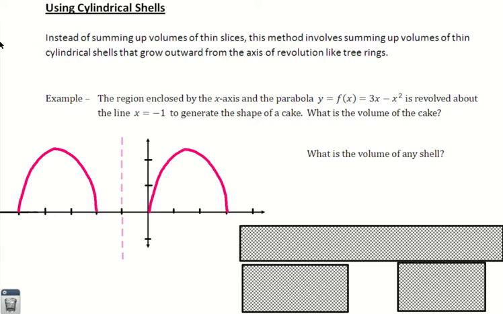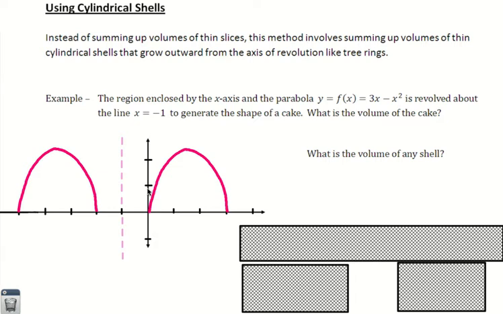This is going to be a completely different method than your discs, washers, squares, which are all essentially cross sections that have area, and when you factor in the whole dx or dy, it actually has basically volume, but this is completely different than a cross-section area. So here we go.